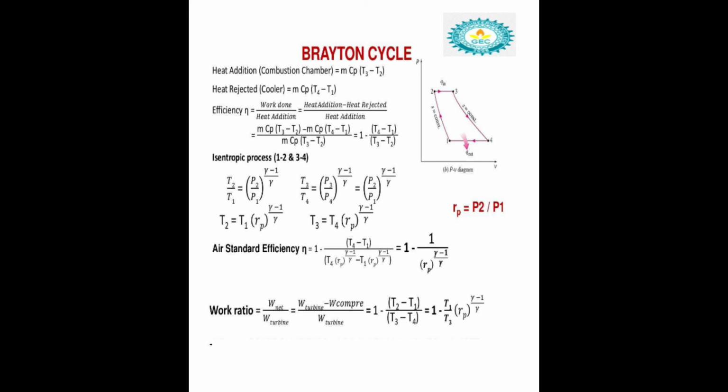Output is the work done, input is the heat addition. Efficiency is equal to 1 minus T4 minus T1 divided by T3 minus T2. Okay, this is how to calculate the efficiency of the Brayton cycle and what are the processes involved in the Brayton cycle.